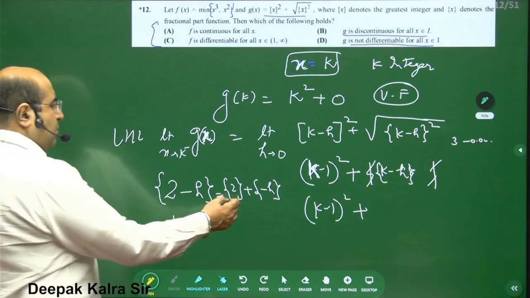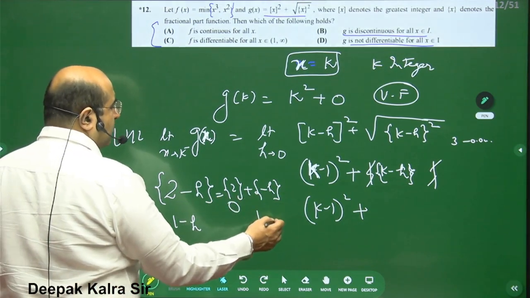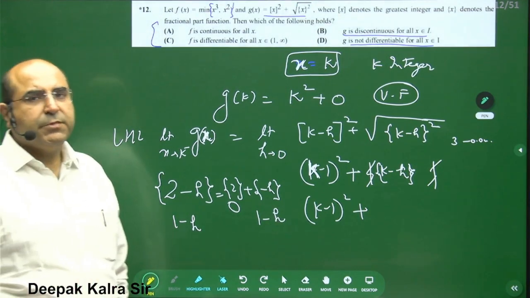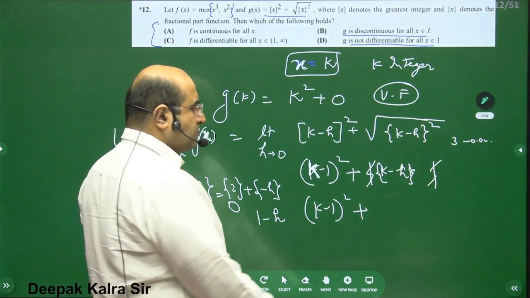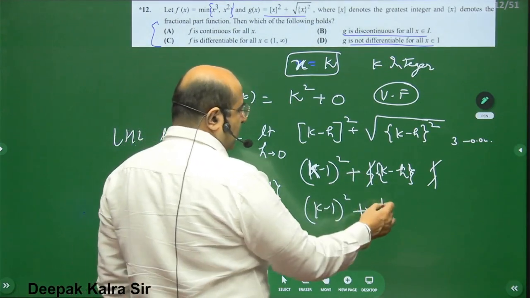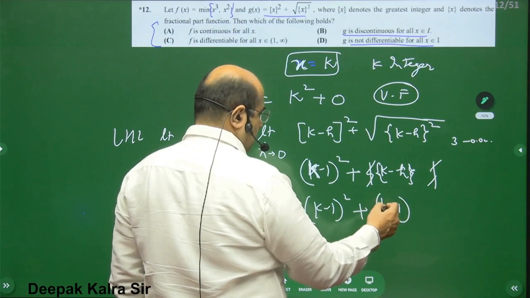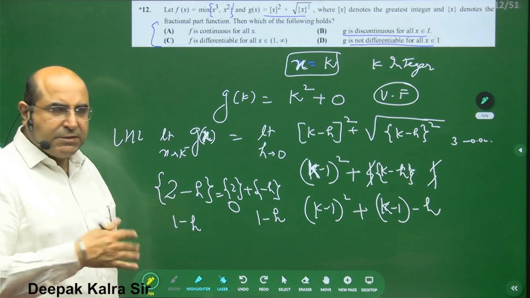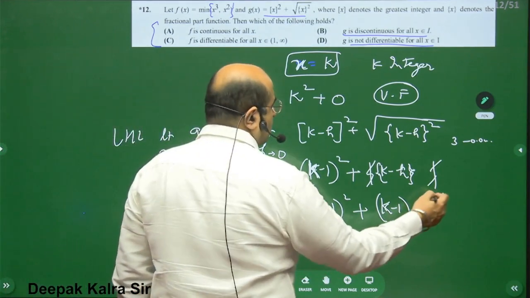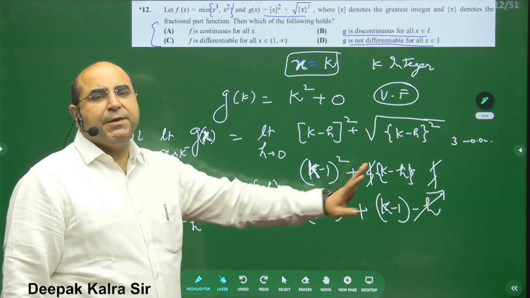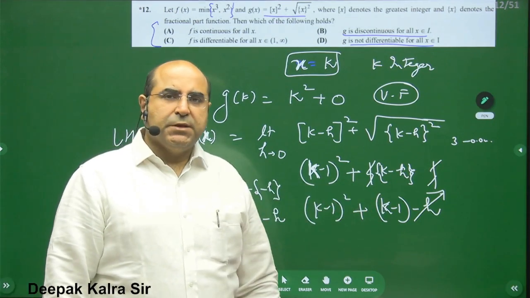This is 0. This is nothing but 1 minus h. Right? So 2 becomes 1. So it becomes k minus 1 minus h. And h approaches to 0, it will go. So I'll get k minus 1 square plus k minus 1. Is it clear?